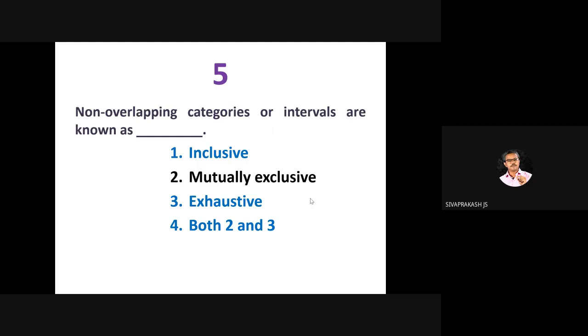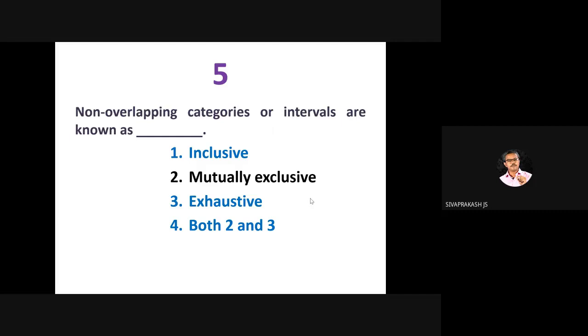Non-overlapping categories. So what do we call the classes 10 to 20, 21 to 30, 31 to 40, 41 to 50? Say X and Y, it's frequency.